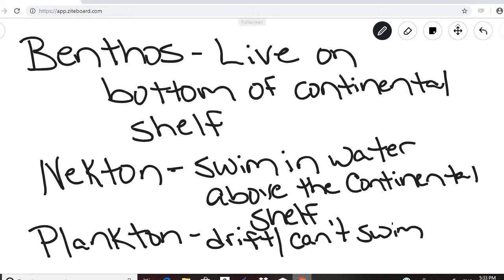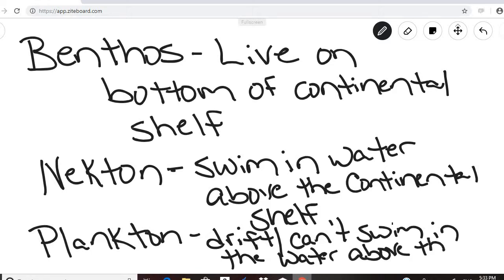So they drift in the water above the continental shelf. Again, all we're doing here is applying these terms specifically to the area that we are studying, and that is the continental shelf.